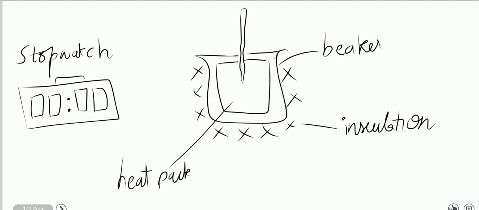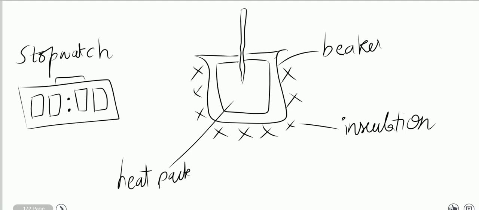Actually, I think a better idea would be to not have this in a beaker, because first you'll need to take the readings for the room temperature, then you need to apply pressure on this heat bag so that the smaller bag containing the calcium chloride ruptures and the reaction starts.